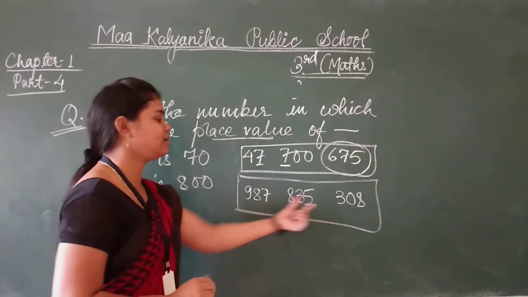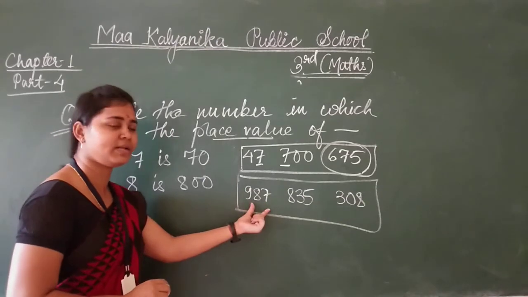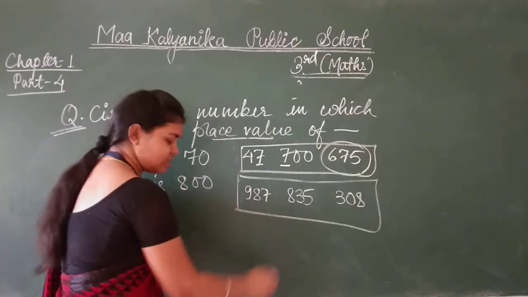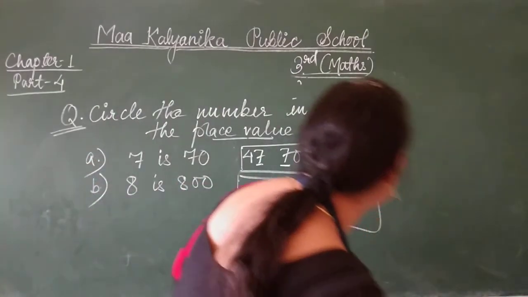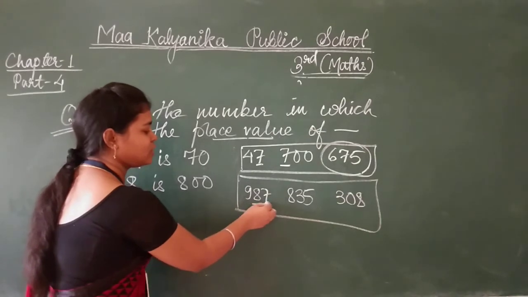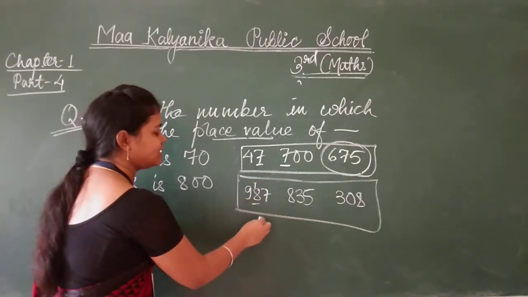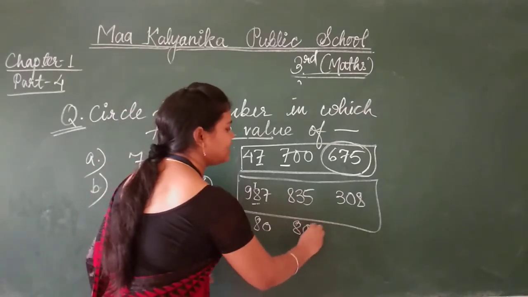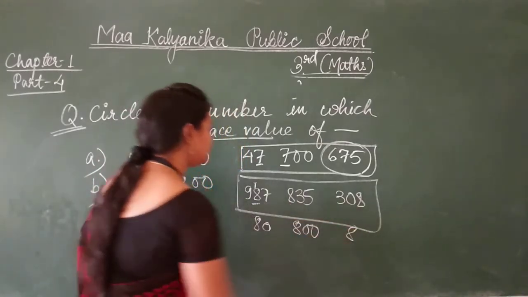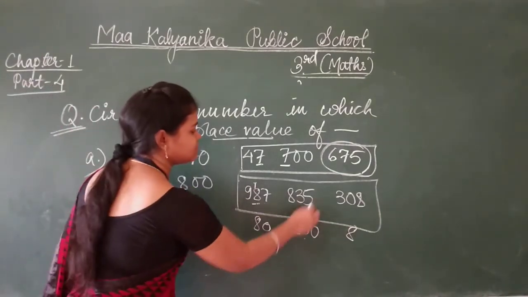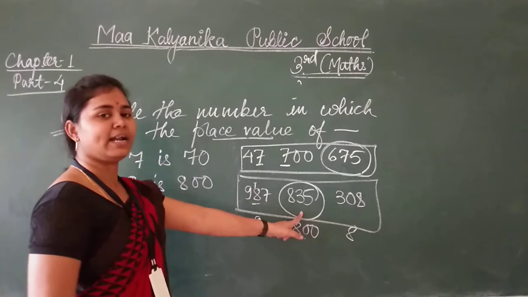In these three numbers, which number has the place value of 8 as 800? Here the place value of 8 is 80, because it is in the tens place, so it is 80. Here the place value of 8 is 800, and here the place value of 8 is 8, and the question is place value of 8 is 800. This is the number. So this is the correct answer.